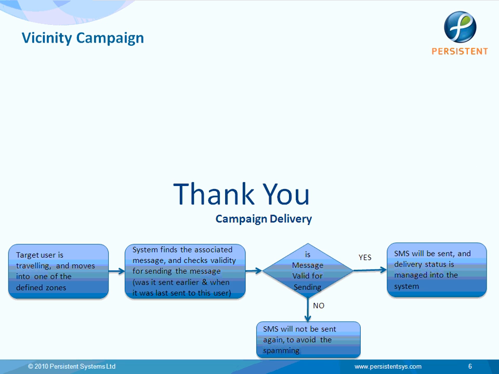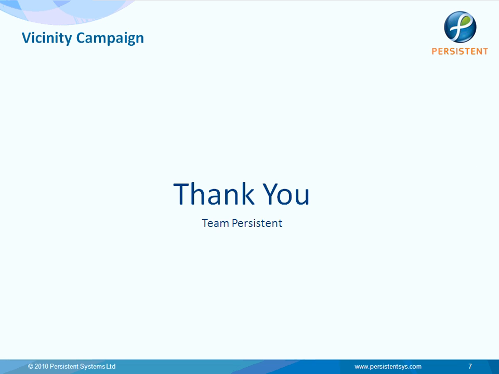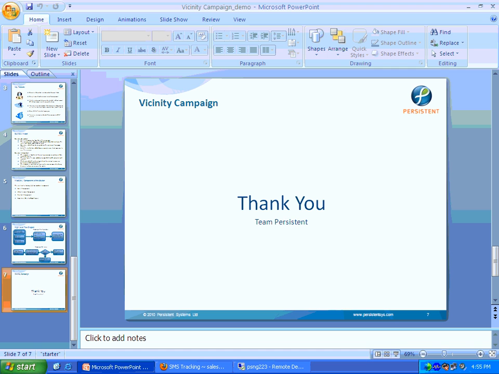Now, let me show you the demo. Before telling you about the demo, let me tell you what are the future roadmap or future extensions to this application. To integrate a consumer loyalty program into the system, to categorize the customers into silver, gold, platinum bands, etc. and give offers to them accordingly is one possible extension to this application.